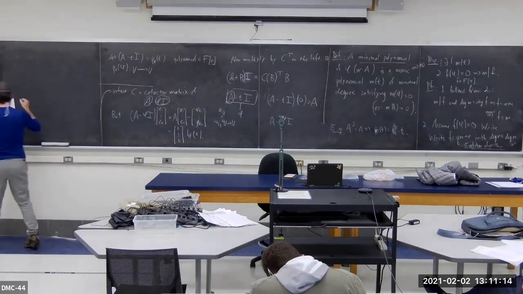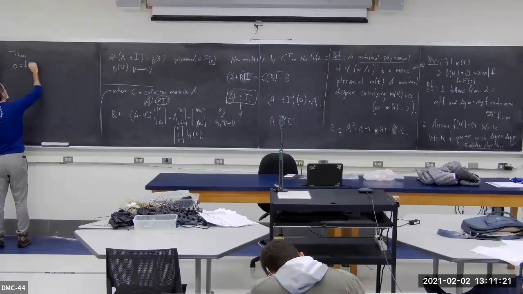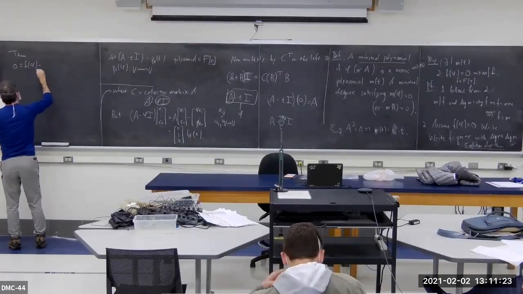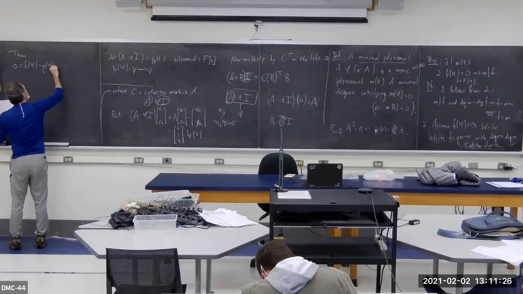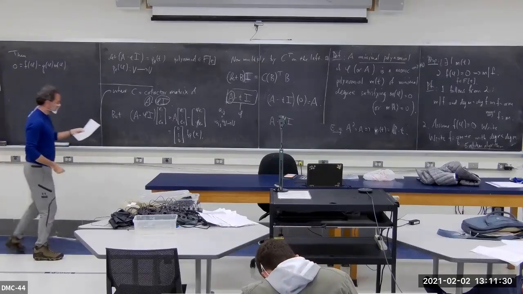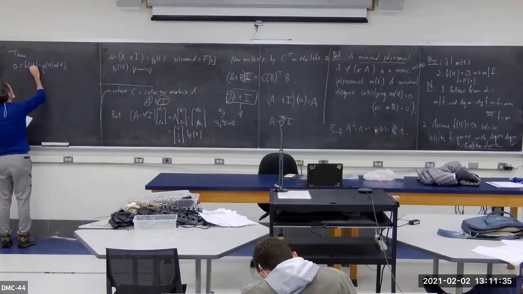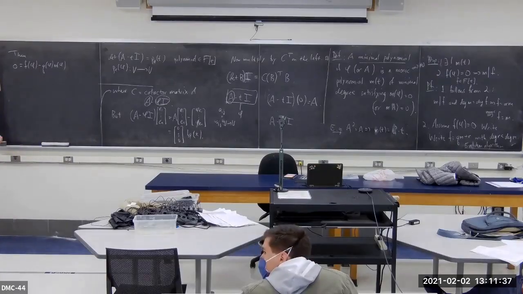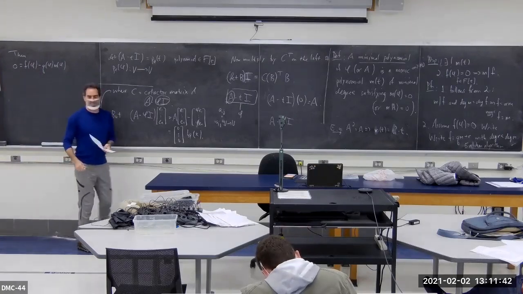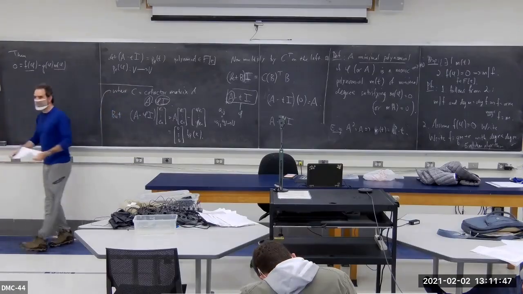Okay, so then 0 is f of phi minus q of phi m of phi. Why is that true? Why is f of phi minus q of phi m of phi equal to 0? Yeah, because this thing and that thing are both 0.